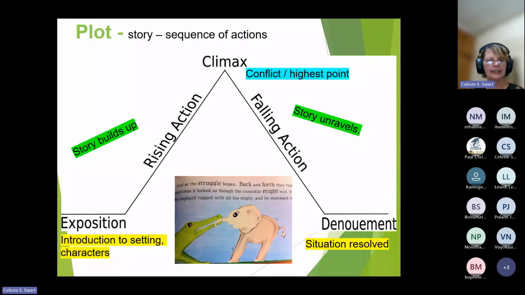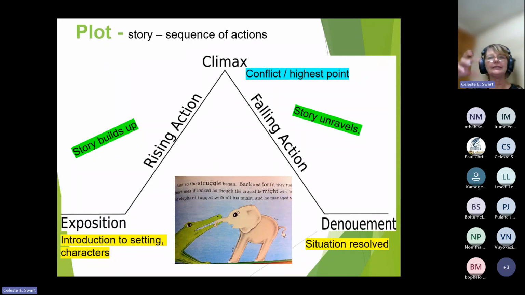In the introduction, we see the crocodile and the little elephant, but then the elephant had a short little nose and is at the river, and he wants to drink water. And the rising action, the story builds up to where this little elephant goes, and he doesn't have a choice. He has to drink water, and the crocodile grabs him on his snout.